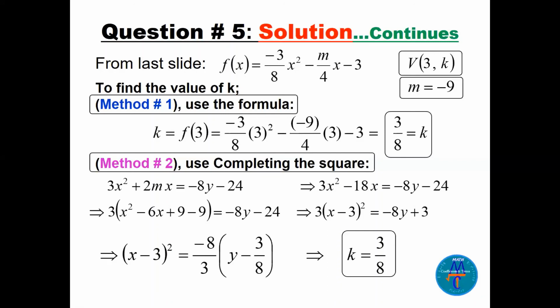Completing the square is one subject in algebra, basic subject. And then here take 8 over 3, because we have to leave the equation x minus h squared equals 4p, y minus k. This is what I need here. So k will be 3 over 8. I did not ask in this question about the focus. If you need the focus, take this value, minus 8 over 3 equals 4p.